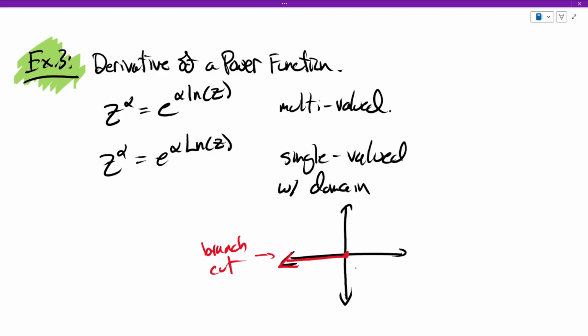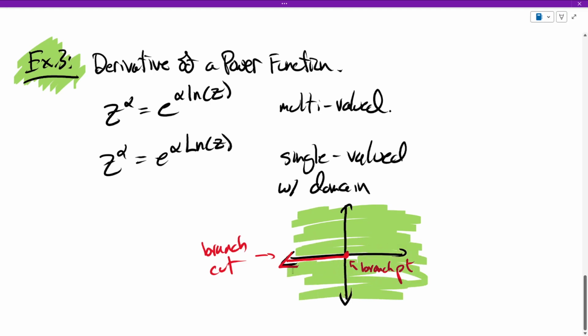And just for some terminology, the special point here is called a branch point. So we're going to take all of the green area. The green area is good. I'm just going to get rid of that red portion where we have some issues with continuity if we were to include it. Okay, so that's our domain. So this is all complex numbers except for those that have an argument of pi, and we also exclude 0.